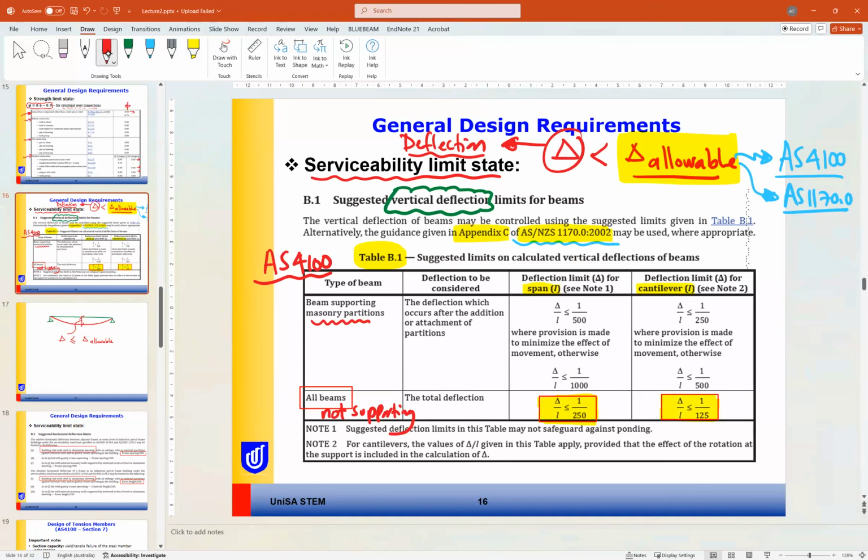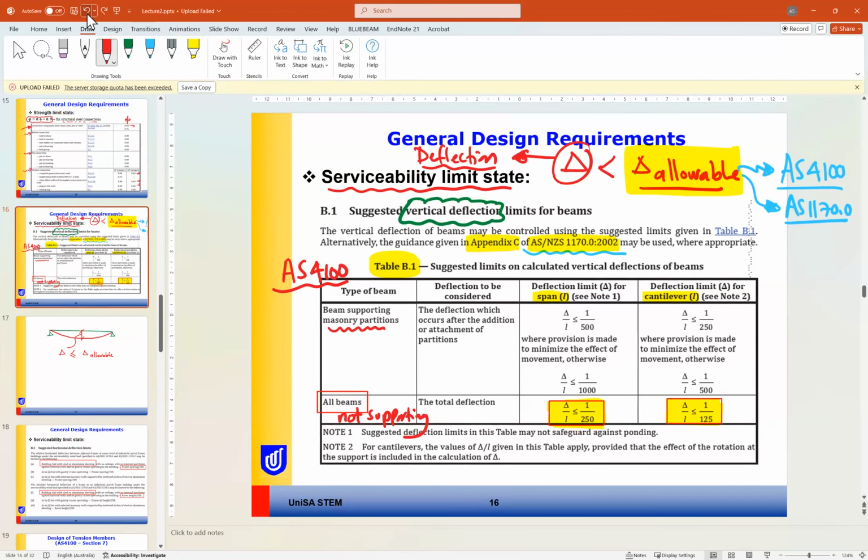So the deflection limit is span over 250 for a simple beam, and span over 125 for a cantilever.